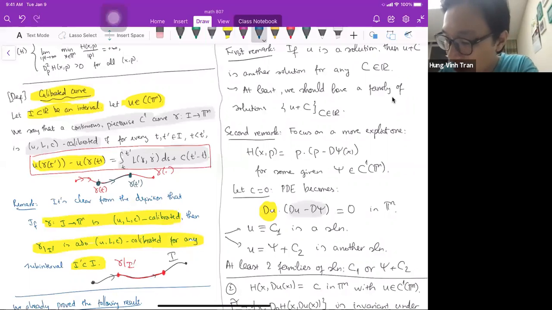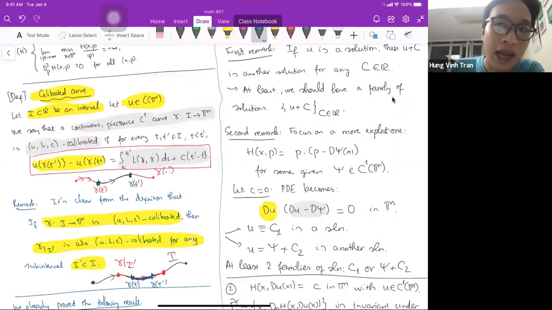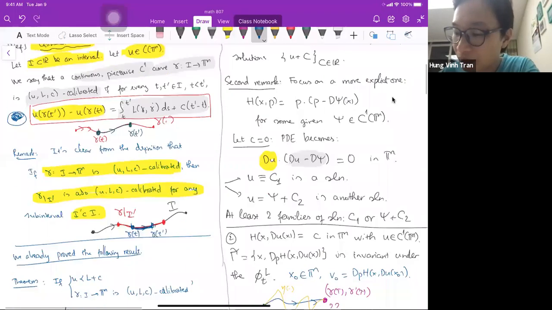So if you take any point here, gamma t prime here, then surely going from gamma t to gamma t prime here is part of I, and then just by the definition here, right? You have that the difference of u acting on gamma equals the action function on gamma. Okay, right? So that's that.